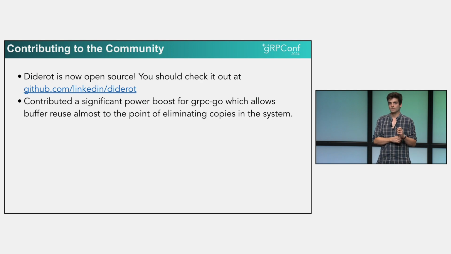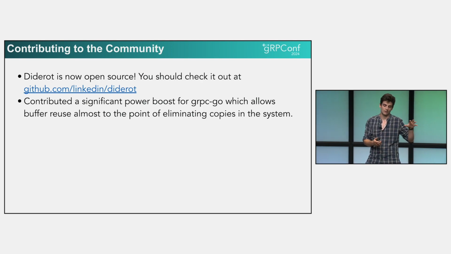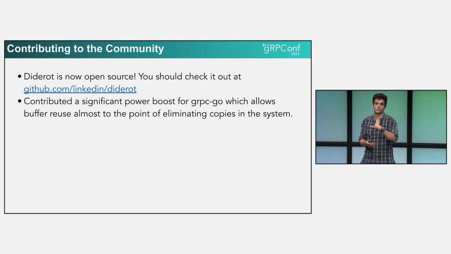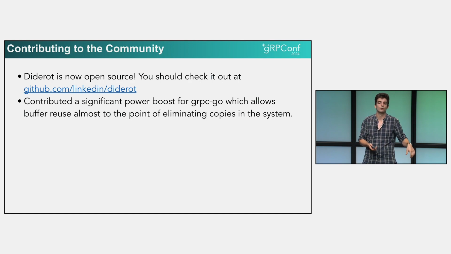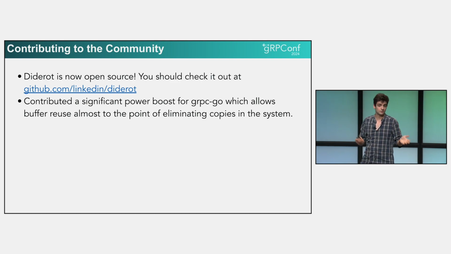So the contribution we made is basically allowing gRPC Go to reuse buffers from what it reads off the wire all the way to the deserializer, and vice versa, from the serializer all the way to the wire. We're close to, or at least opening the door to, having a zero copy framework in the future. It's checked in, so it should be available in the next release. Everybody who uses gRPC Go should just be able to have it by default, for free, no strings attached.